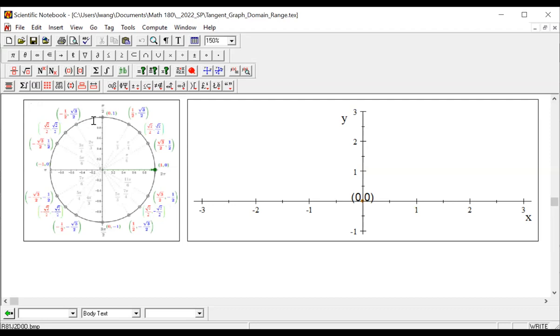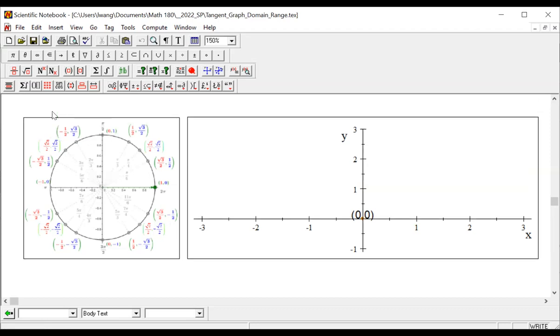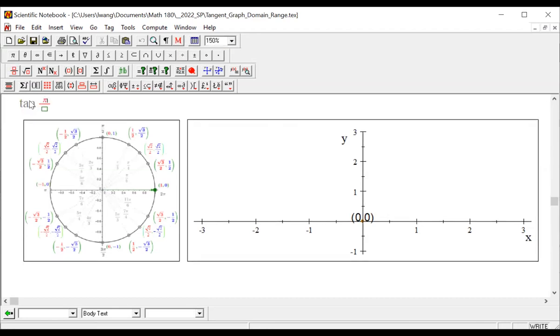for tangent, tangent pi over 2, because we have a 1 divided by 0 case, this is undefined. So the tangent function is undefined at pi over 2. That is, it cannot take pi over 2 as input. 1 divided by 0 doesn't exist.